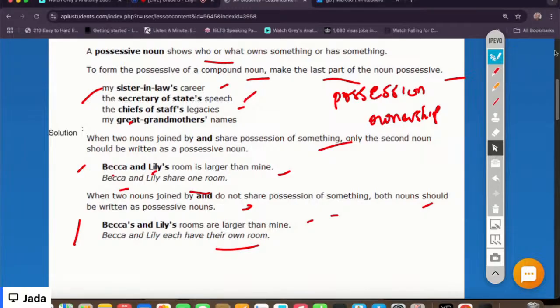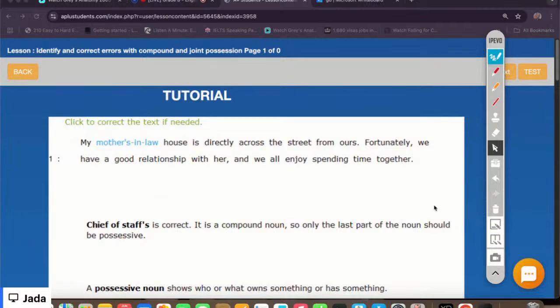But if they share possession, only the second one would have the possessive form. So click to correct the text if needed.